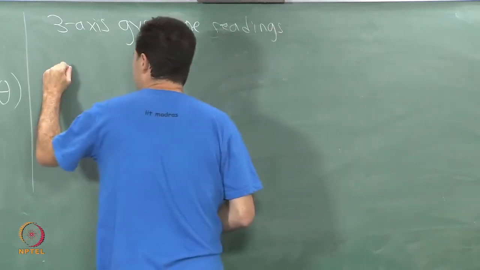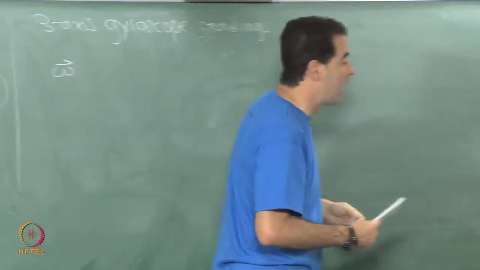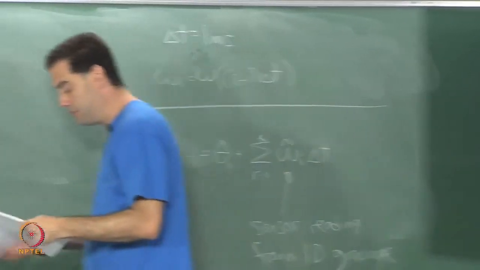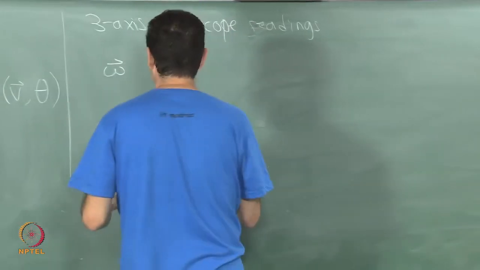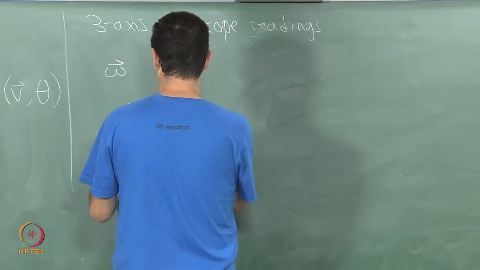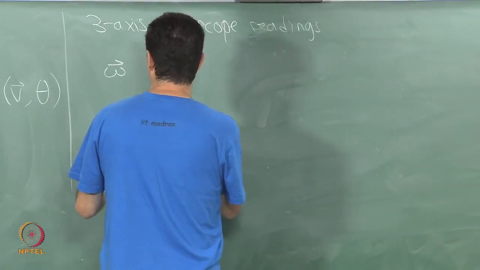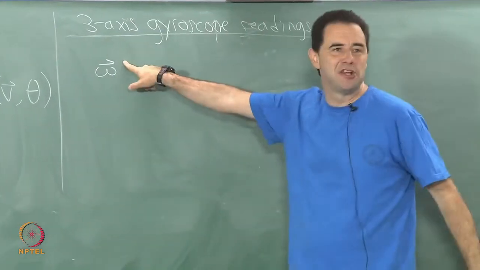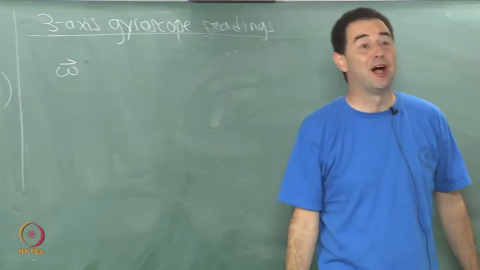So we get some vector omega. I wrote omega as a scalar here. I'm going to write it as a vector here. So we get these readings. I'm not going to write it with a hat yet. I'm just going to talk about 3D angular velocity for a bit here.